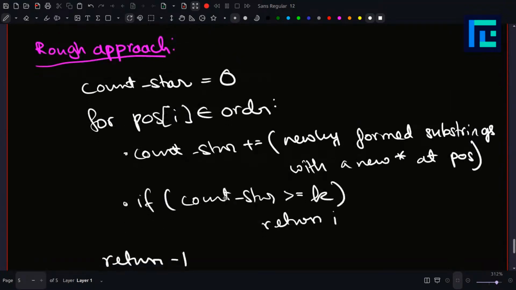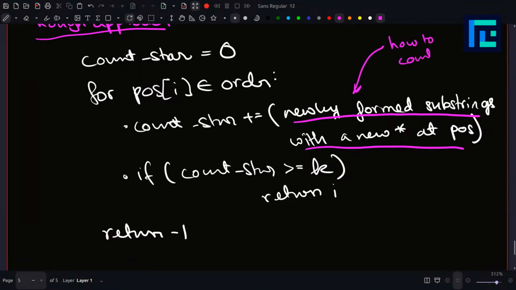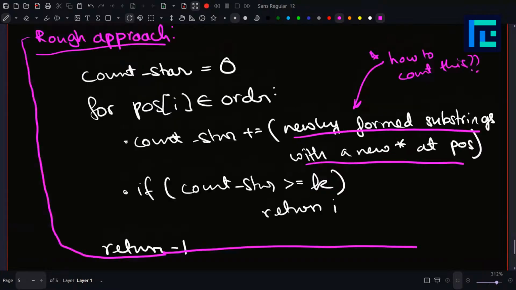This will be the core structure of our solution. Obviously, the main part of the solution is not discussed here, which is how to count this. That is the main part of the solution.